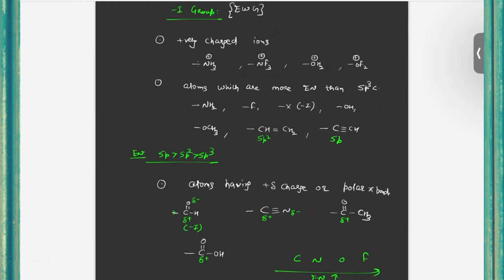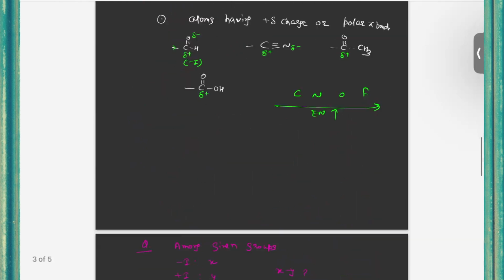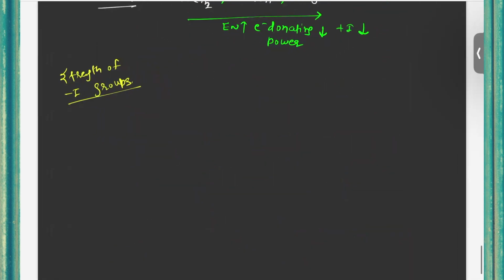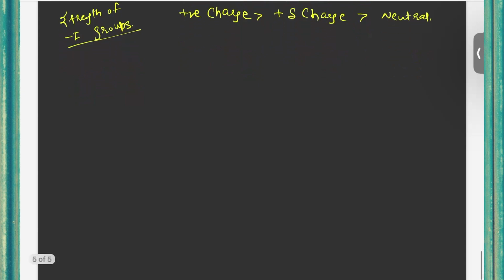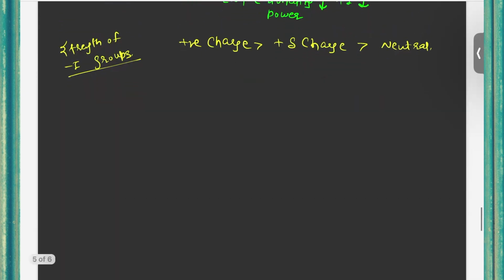If we are having three categories, complete positive charge, partial positive charge, and neutral, then which one should be more withdrawing in nature? The one which is having complete positive charge, right? The atom which is more positive will be more withdrawing than partial positive charge, and then the neutral one. Got it? Okay, sir. So this will be the order: complete positive charge, then partial positive charge, and then the neutral one.